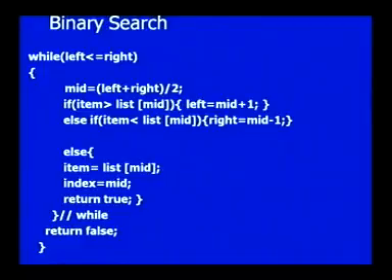In that case, item is equal to list of mid. You will report the index also and then return true. Otherwise, if what you are searching for is not available, then you will report false. In short, you can contrast this with your main control structure. You can compare it well now.